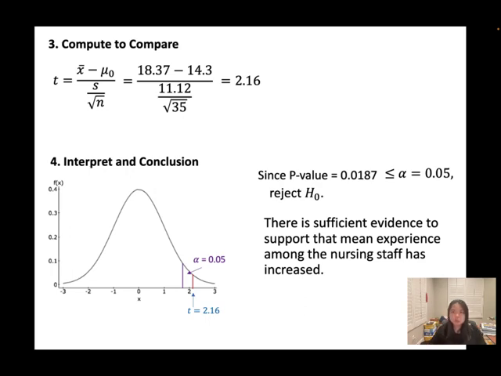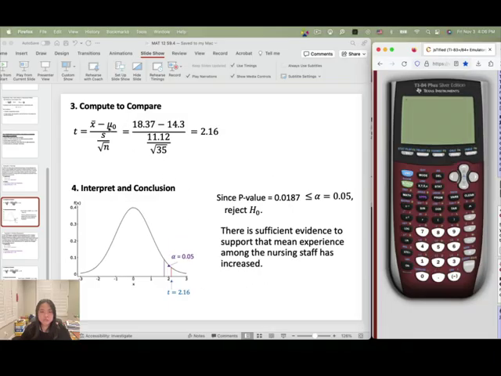Okay, let me show you guys how to use your calculator. First, let me show you how to plug this part into your calculator. I'll be using the parentheses: 18.37 minus 14.3, close parentheses, divided by another parentheses: 11.12 divided by the square root of 35.